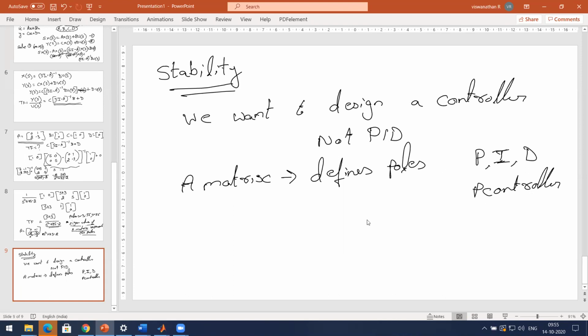In the root locus editor, what is it you're doing? Any idea? You've forgotten?